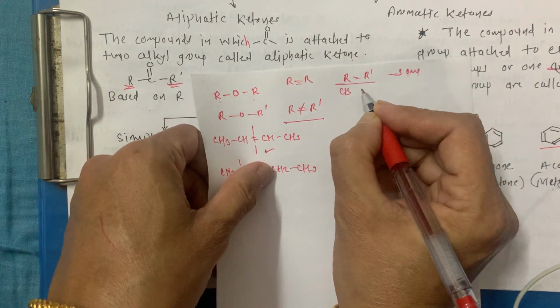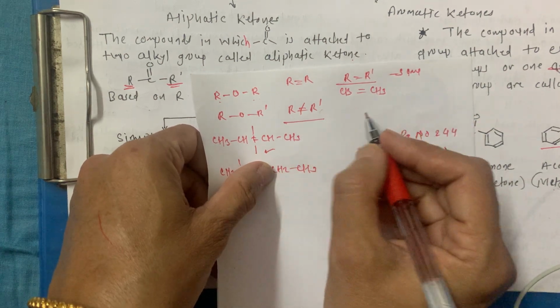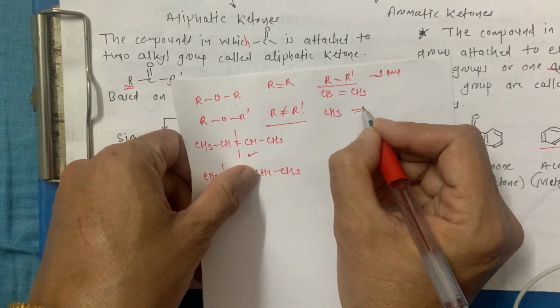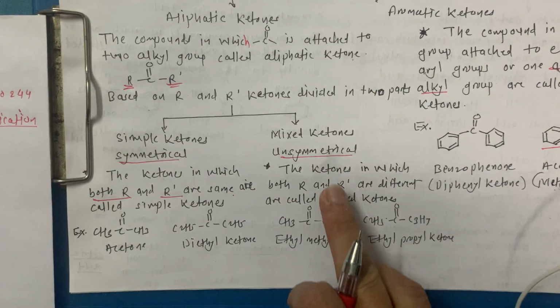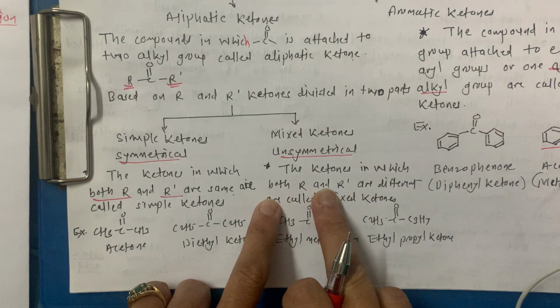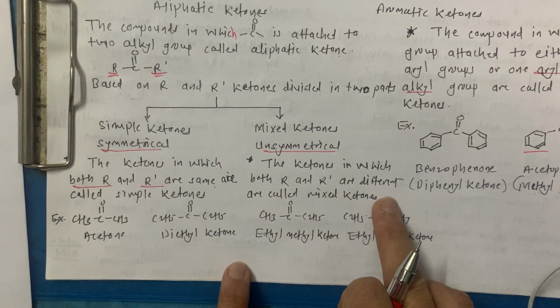Same means this is CH3, then this is also CH3. Different means this is CH3, which is not equal to C2H5. So that is unsymmetrical. The ketones in which R and R dash are different are called mixed ketones.